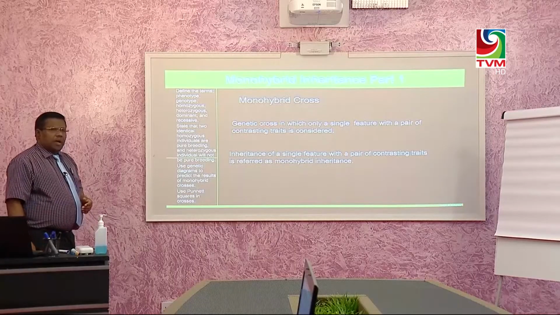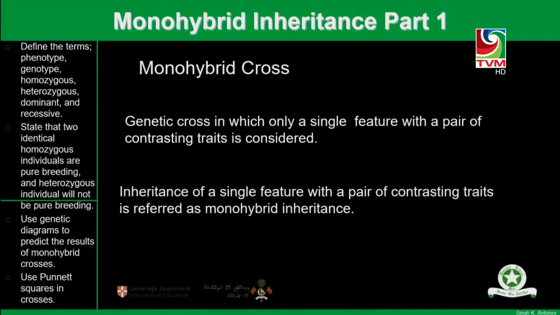And what do you understand by monohybrid cross? Gregor Mendel has done a lot of experiments. In his initial experiments, he considered only a single feature. So, a genetic cross in which only a single feature with a pair of contrasting traits is considered is known as a monohybrid cross.